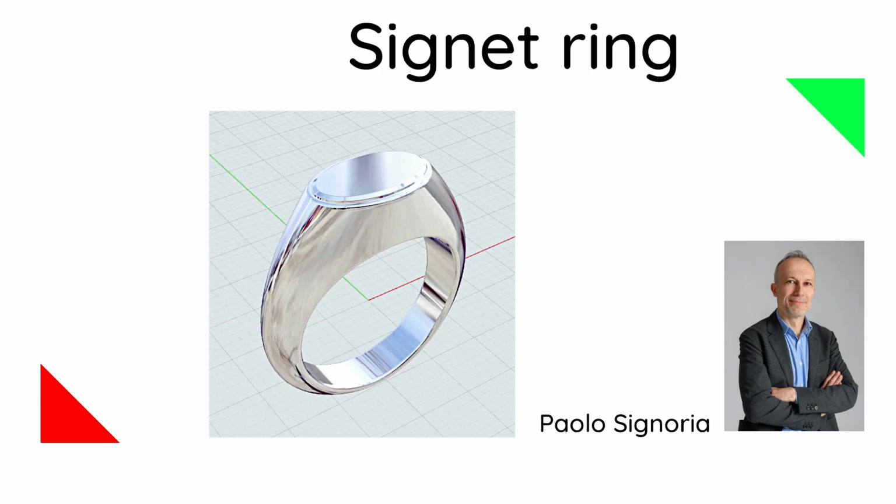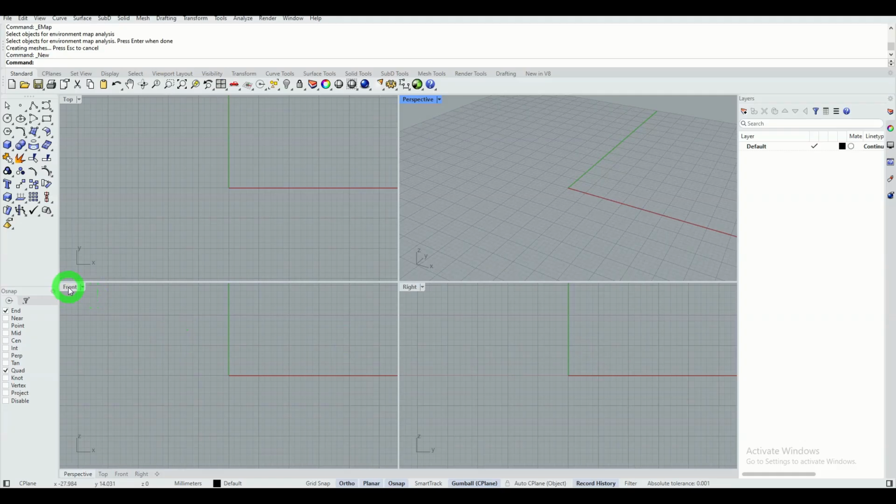In this tutorial, we'll model a simple signet ring using circles, ellipses, and blend curves, and add a decoration using the solid tools. Start in Rhino's front view.